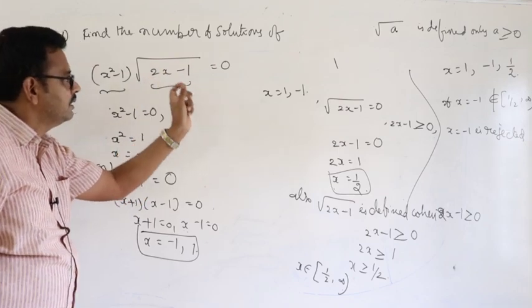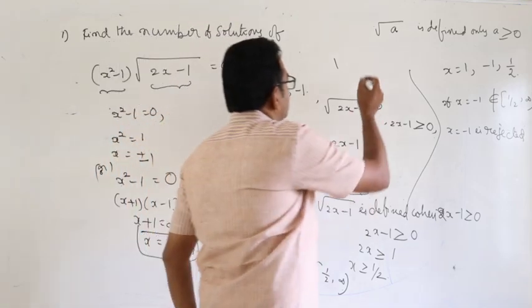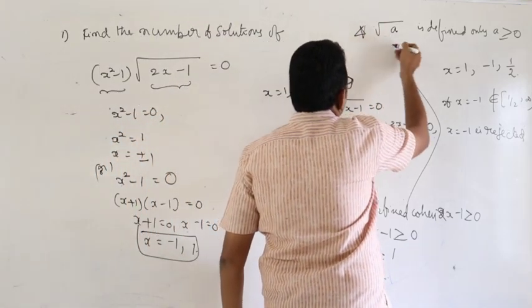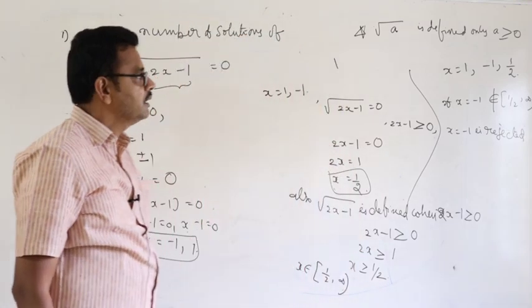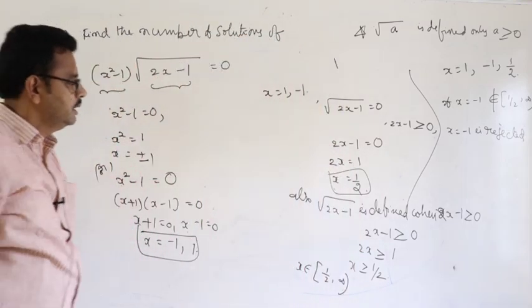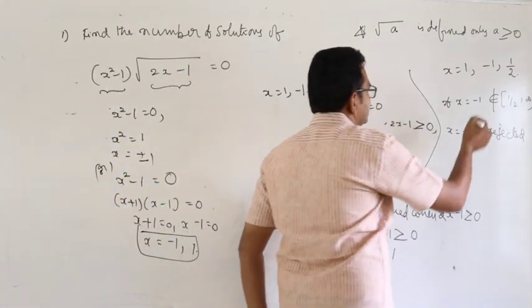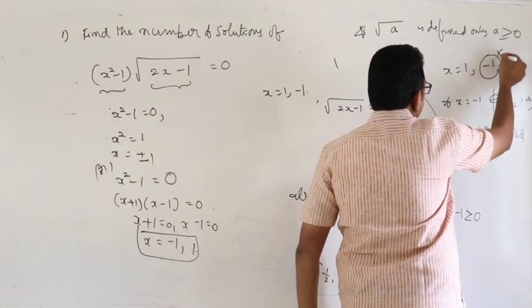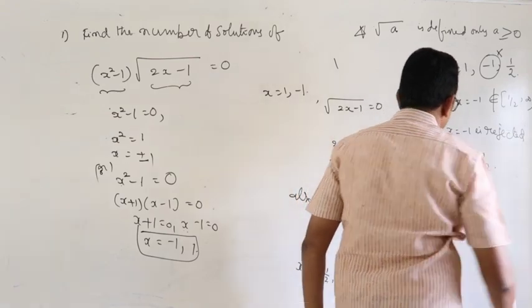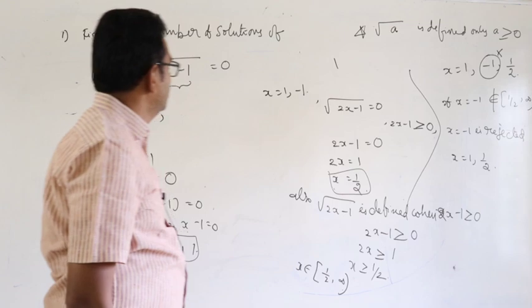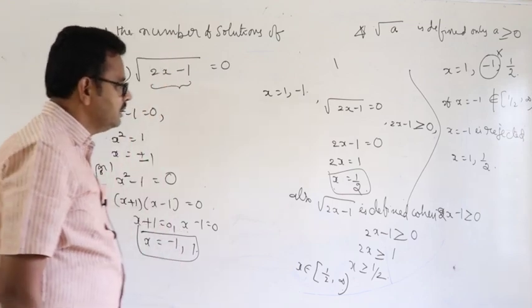Root of minus 3 is not defined, since root A is defined only for A greater than or equal to 0. So this is not possible. Therefore, only x equal to 1 and x equal to 1 by 2. Therefore, the number of solutions is 2.